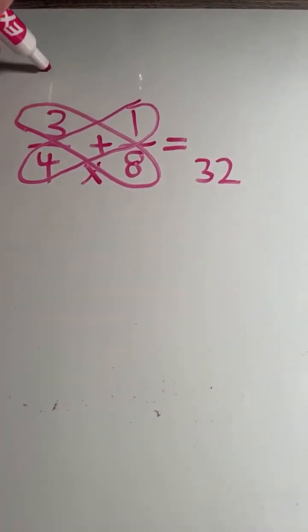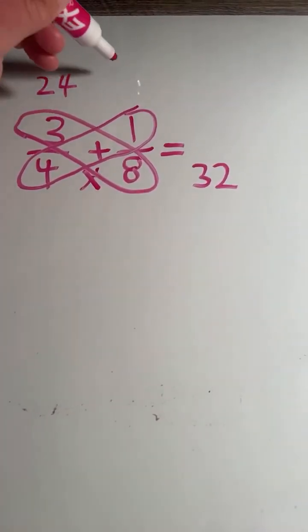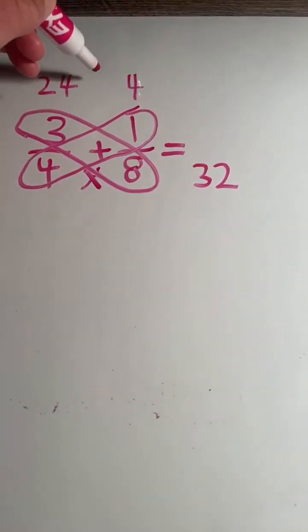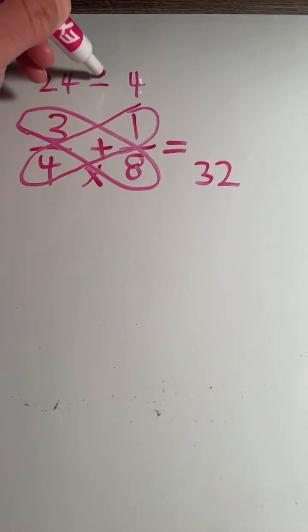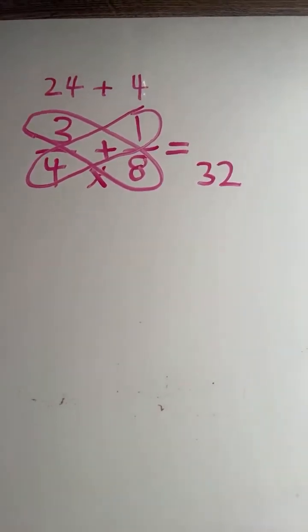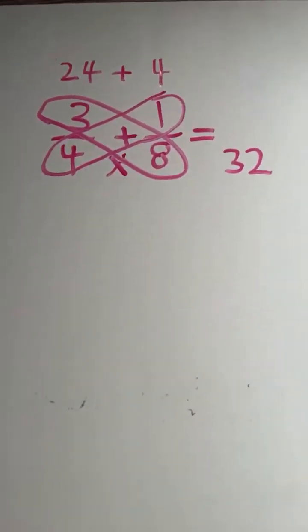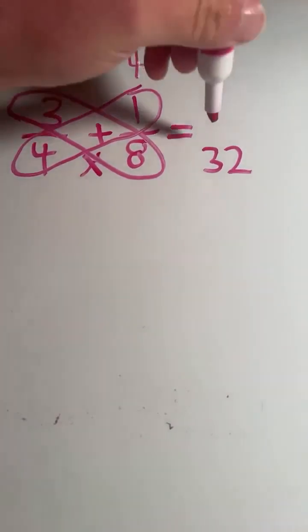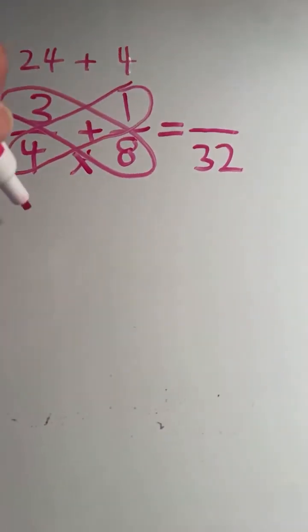So 3 times 8 equals 24. 4 times 1 equals 4. And now we have to add our two numerators to get our converted answer.